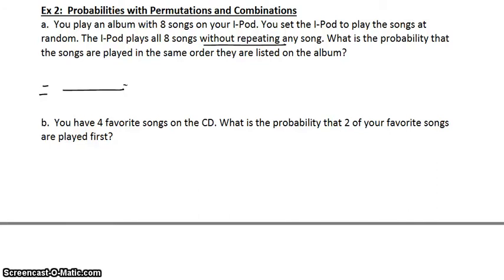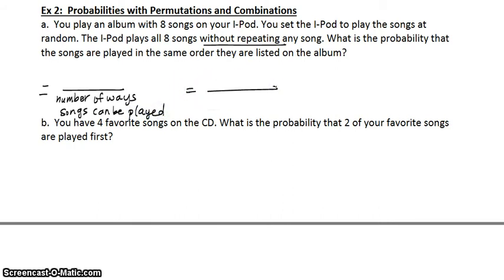So basically, we want to figure out how many ways could these 8 songs be played. So on the bottom of my fraction, the total number of outcomes is how many ways the songs can be played. And we're specifically talking about rearranging, playing them in all these different orders.